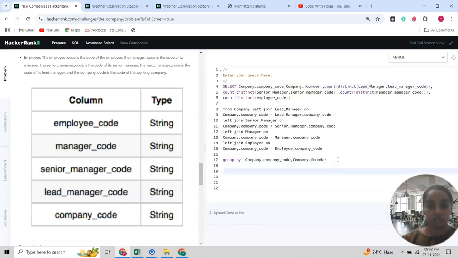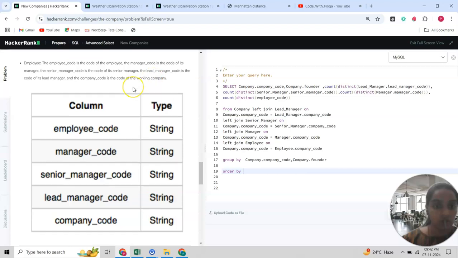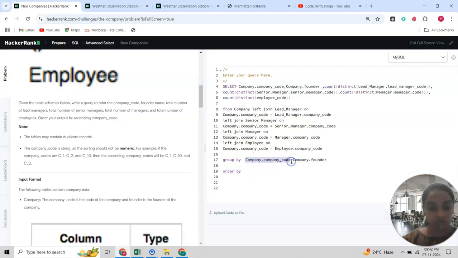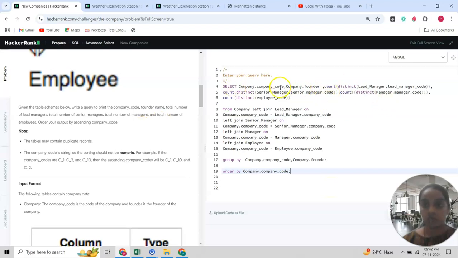Okay, now after group by, I have to use the order by condition, according to which I have to order the result set. The result set will be in ascending order of company code. So company code will be here. That's it. This is what the question is saying: the company code, founder, and the lead manager count, senior manager count, and employee count.